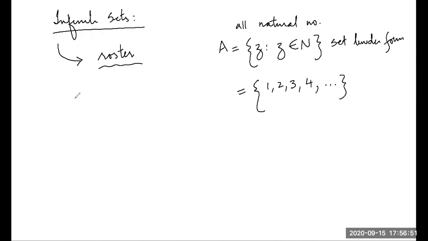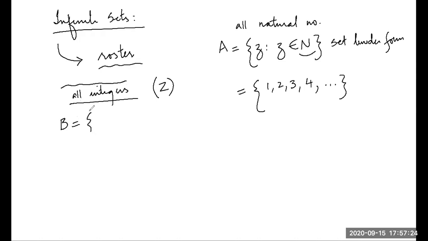Similarly, Ishma, if you are asked to express all integers in roster form, do you remember the notation for integers? The notation for integers is Z. Right. In the set builder form, I might give the name B to the set of all integers. So B is a set of all x such that x belongs to Z, which means x is an integer.